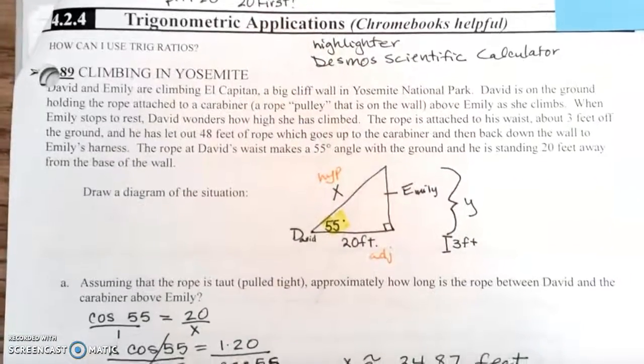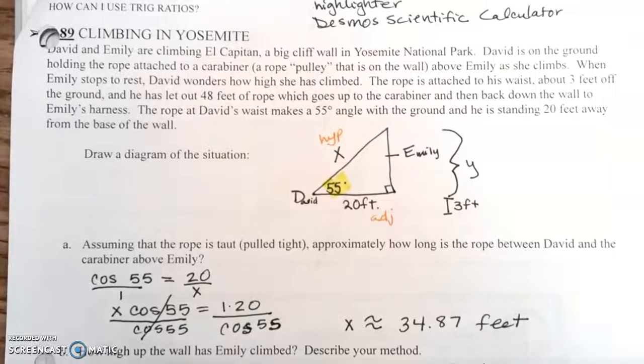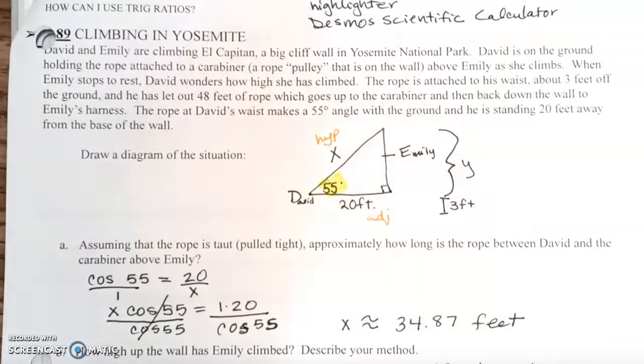Up at the top of page 19, we're going to start with question 89, which says, David and Emily are climbing El Capitan, a big cliff wall in Yosemite National Park. David is on the ground, holding the rope attached to a carabiner, which is a rope pulley that is on the wall, above Emily as she climbs.